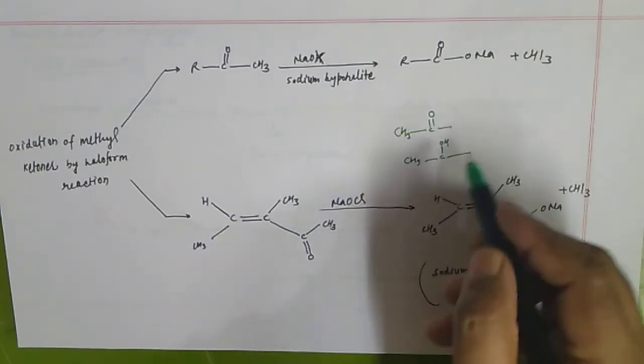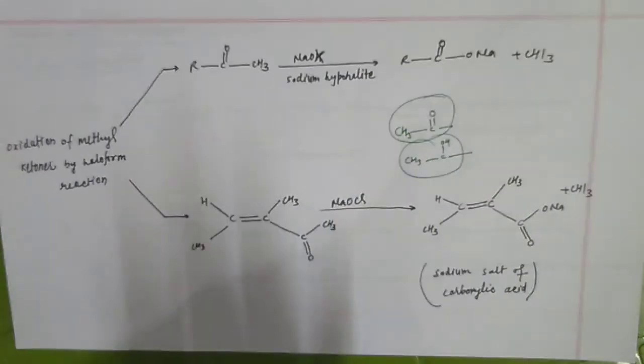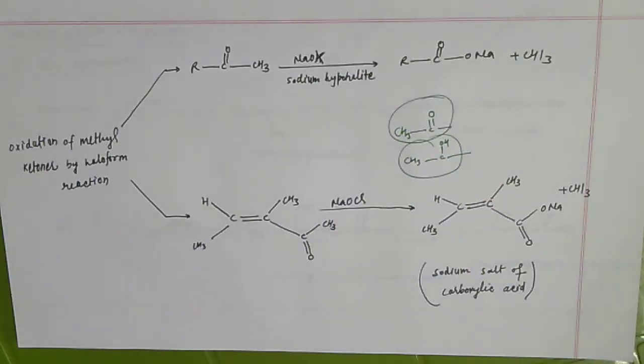If this group is there, the compound will give the haloform test. When you treat the carbonyl compound with sodium hypohalite, it will give the sodium salt of the carboxylic acid and haloform, that is, iodoform.